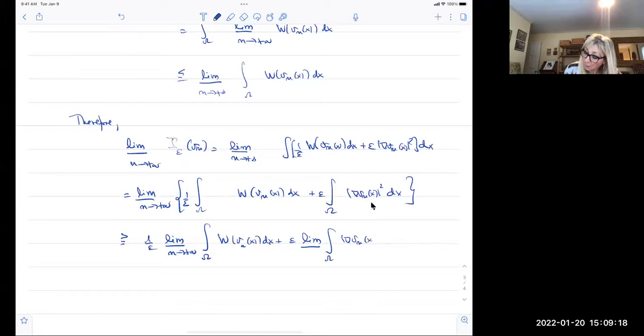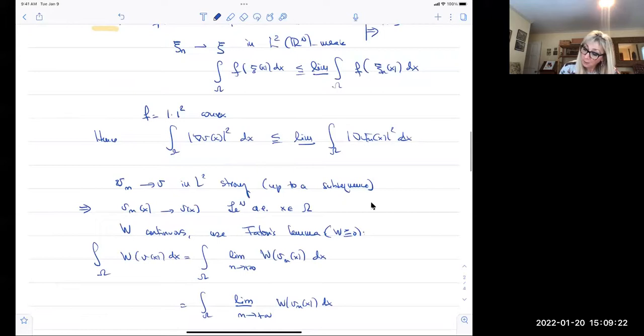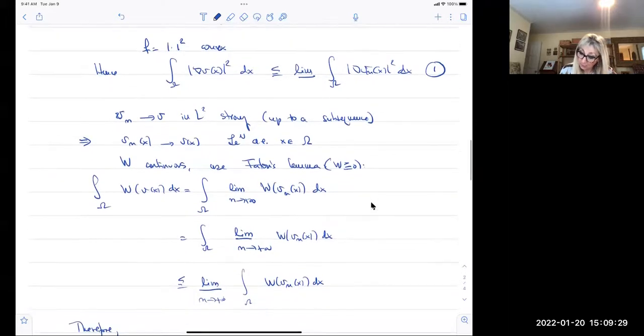Okay, but now we are good because we have two pieces here. One was the lower semicontinuity of the gradient squared, and two was the lower semicontinuity of the W's, right? So you put 1 and 2 together.